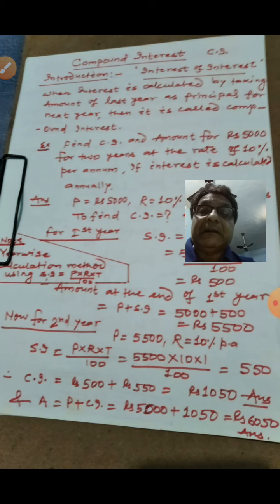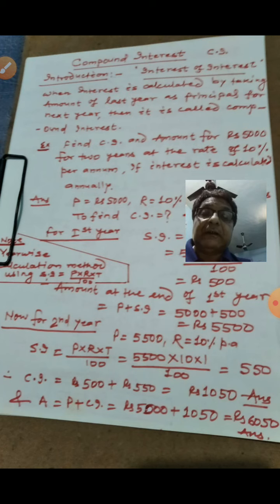So quite natural, in the second year interest will be more in comparison to first year, because principal already increased, as you have seen that here for the second year principal is the amount after first year. So quite natural, amount will be greater than the original principal. So now principal increases, hence interest also increases. So what they did, they added the interest of first year and made it as principal, and then again interest is calculated.